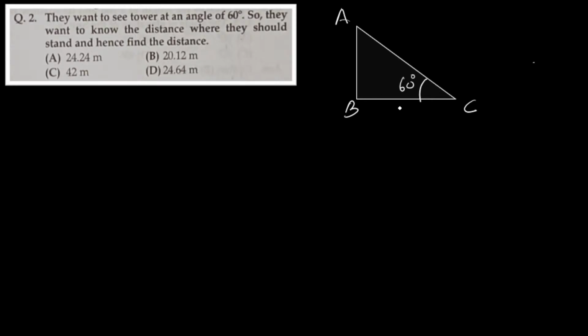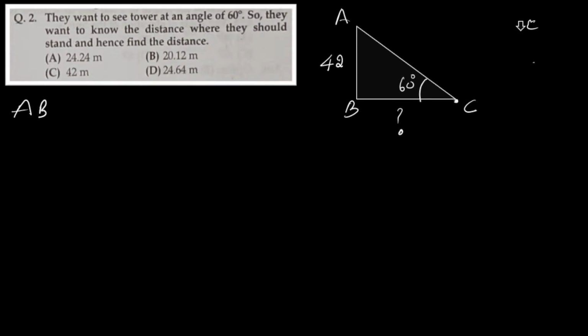We know the height of the tower is 42, but they want to see the monument at an angle of 60 degrees. So at what distance they should stand, that they want to find now. So BC we have to find.